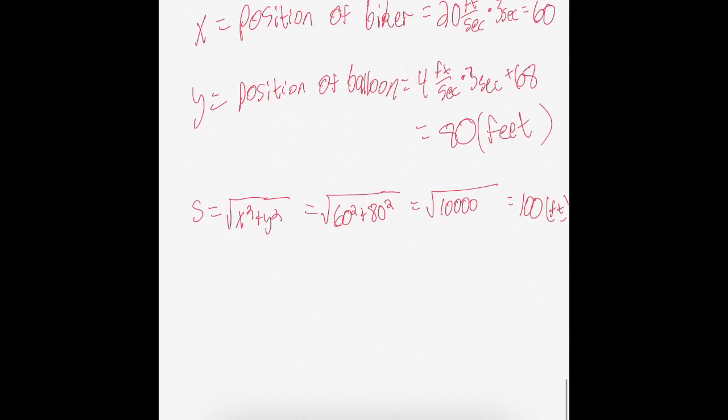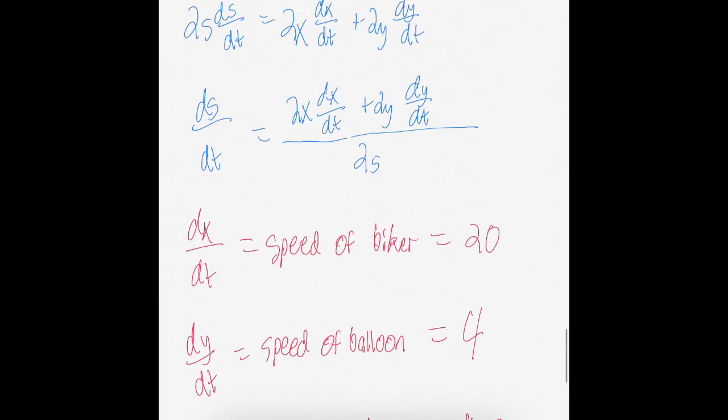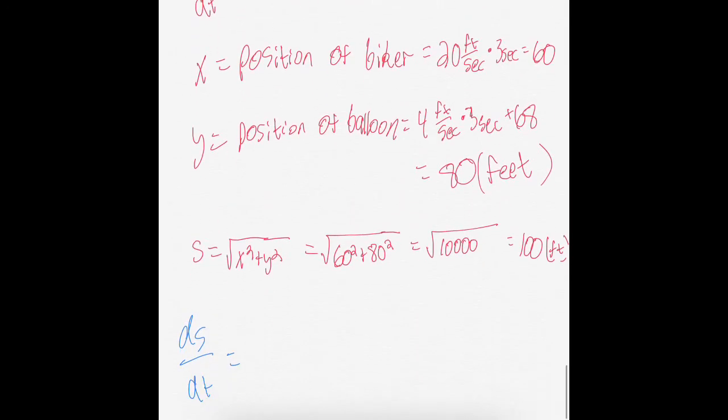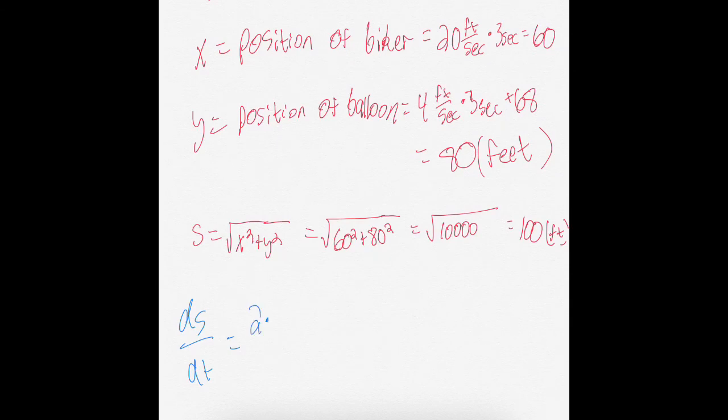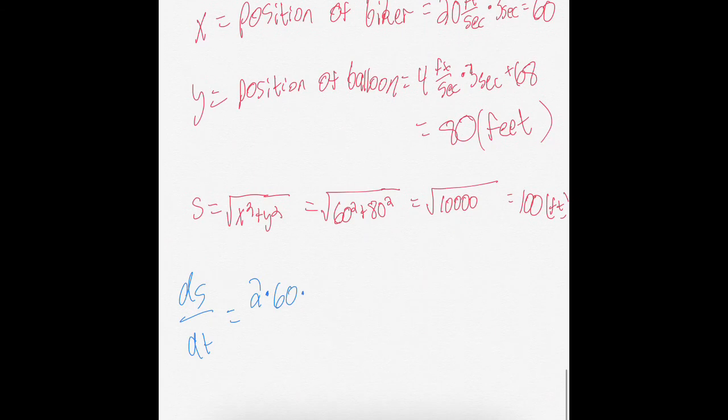Oh boy, so we had this big, scary formula for ds dt. We were like, okay, this is nice because we've isolated ds dt, but we have all these variables. But we have found all the variables, so let's go ahead and plug them in.